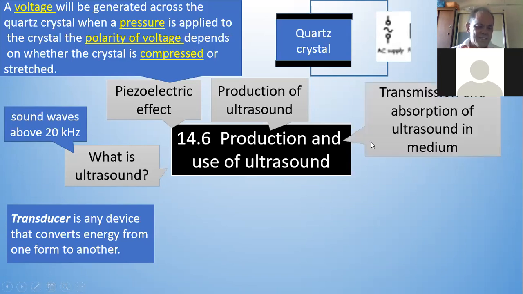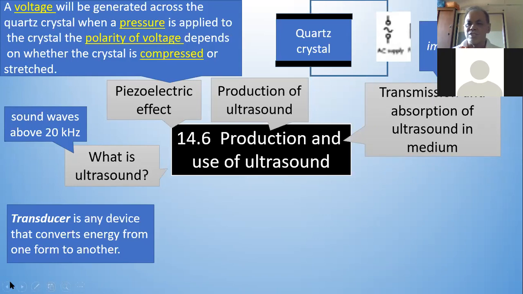Okay, and after that, we looked into what happens when the ultrasound meets a boundary. What happens when the ultrasound is transmitted, that is, passes through the boundary, and then as it enters the medium, what happens? Part of it will be absorbed, part of it will come out of the material. Right?